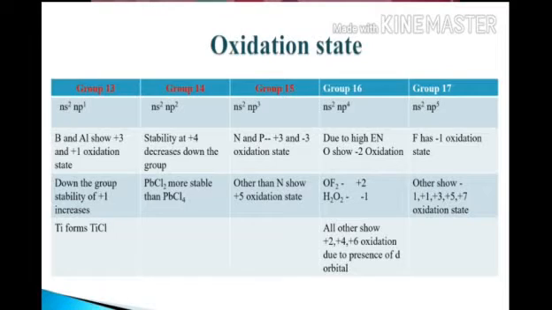Because of their small size, nitrogen and phosphorus are more likely to gain 3 electrons to complete their octet, and hence show an oxidation state of -3. That is, nitrogen and phosphorus have a chance to form the -3 oxidation state.